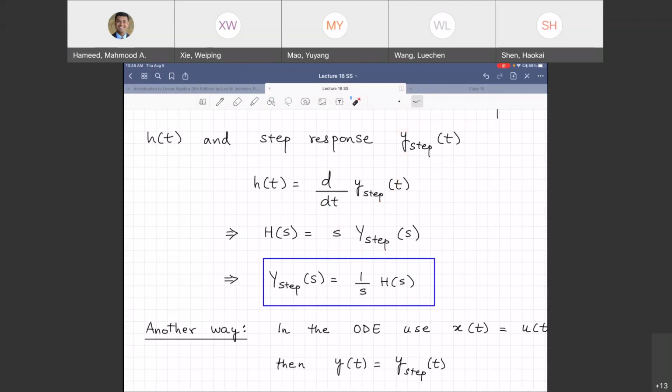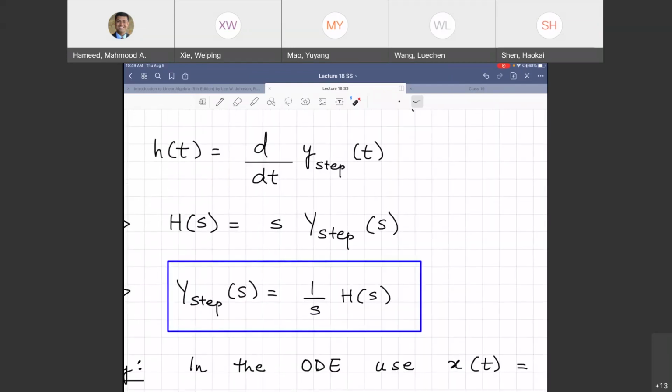Now you take the derivative of the step response, which was the impulse response. You take the Laplace transform of both sides, what do you get? For this, you get H of s. For this, you get s times Y step of s. Y step of s indicates the Laplace transform of the step response. Now, you can rearrange to write the step response in the Laplace domain as 1 over s multiplied by H of s.